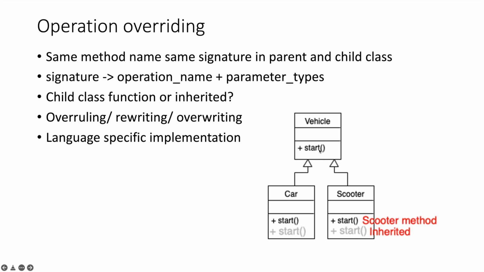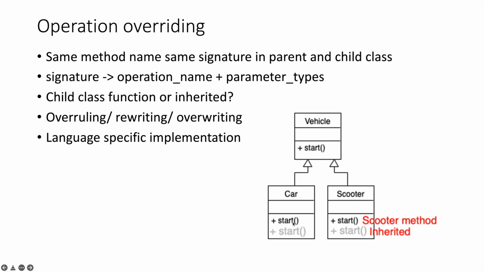So this start method is for vehicle, even though car is inheriting the start method, but as the car class also has the operation or method with exactly the same name and same signature, this start will be the correct one.